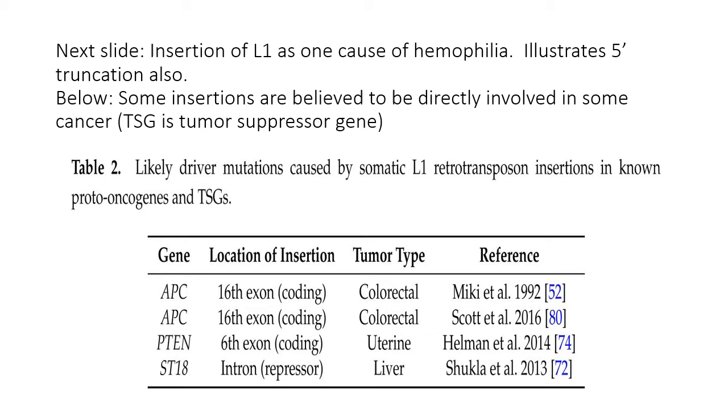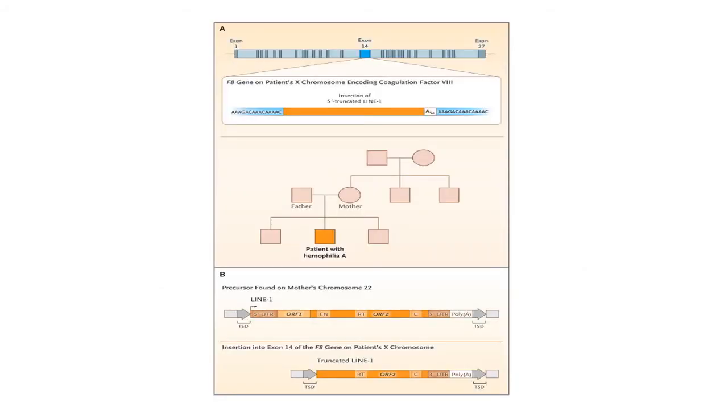Okay, so the next slide shows a very famous example of hemophilia, which also illustrates 5' truncation. Hemophilia is a blood disorder, a bleeding disorder, that's caused by mutations in the factor VIII gene. Now, factor VIII encodes a blood coagulation factor, and in its absence, blood coagulation is extremely slow, leading to the bleeding disorder.